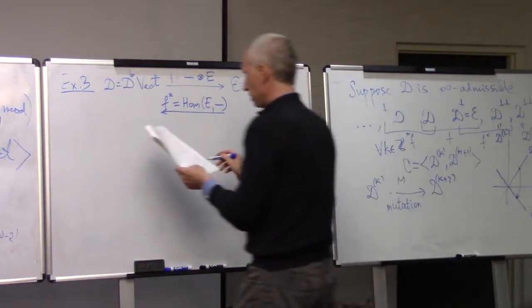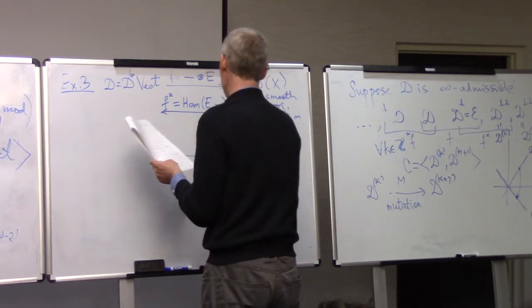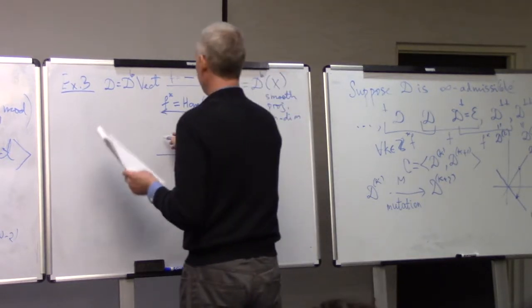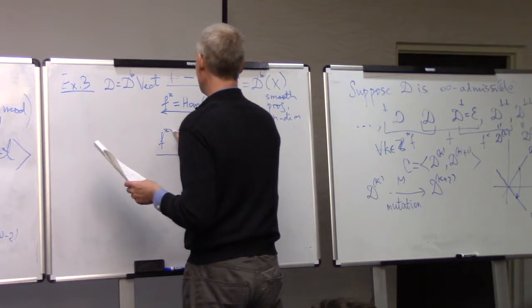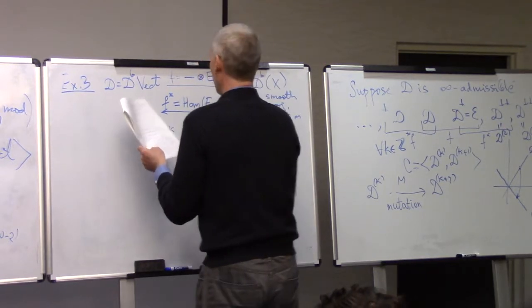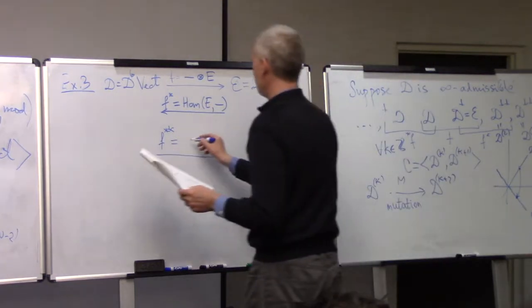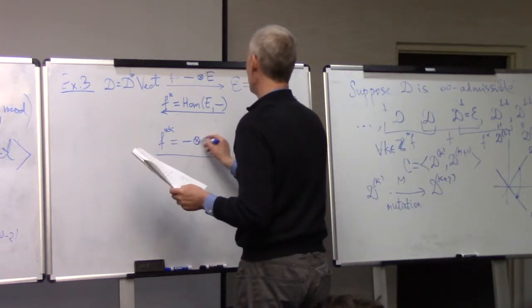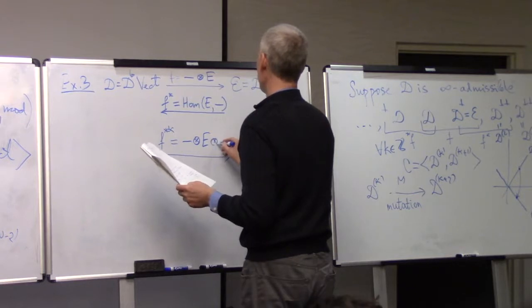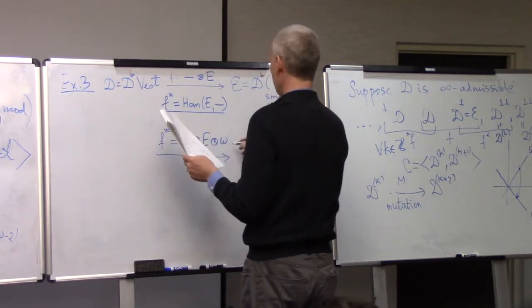Now, the next adjoint, the second adjoint, would be E tensor the dualizing sheaf. It would be tensoring with E tensor omega_X[n].